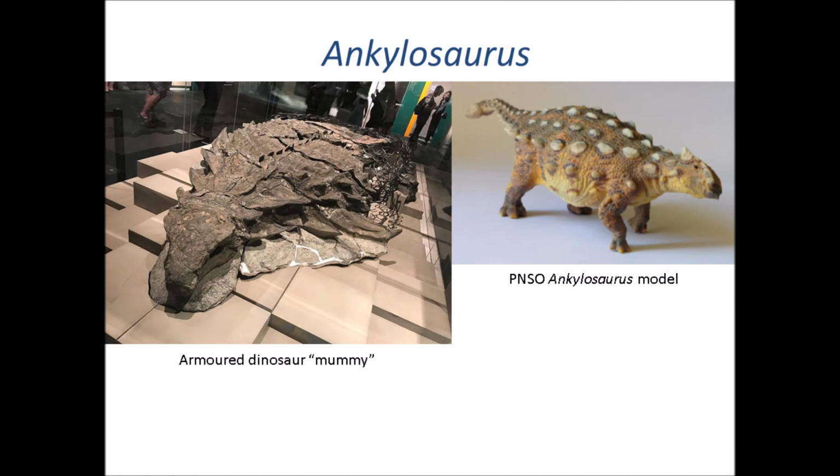Ankylosaurus is one of the armored dinosaurs. Some fossils of these armored dinosaurs are quite remarkable. The picture on the left shows a related species that has formed a lifelike dinosaur mummy. We can perhaps see why the Ankylosaurus model dinosaur seems to be so accurate.